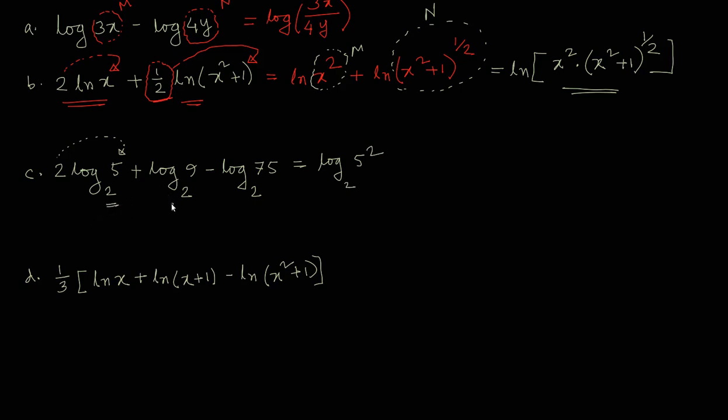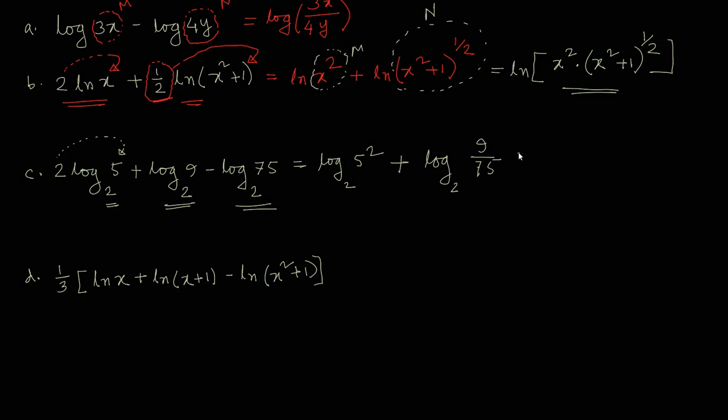So next one is what? Logarithm 9 minus logarithm 75. What can I write? This is the quotient rule. So I can write logarithm 9 over 75 and my base is 2. Okay, so this is the expression I can write.